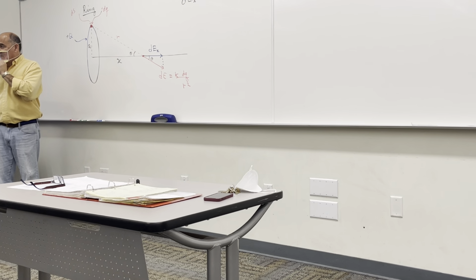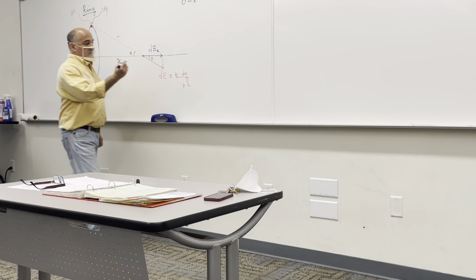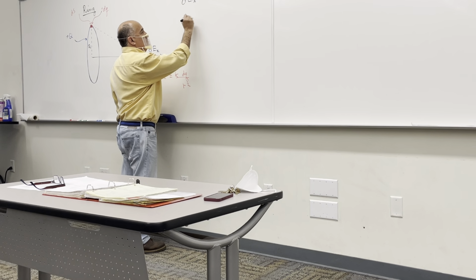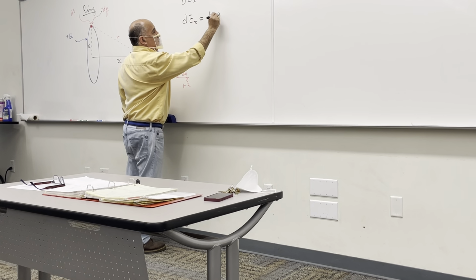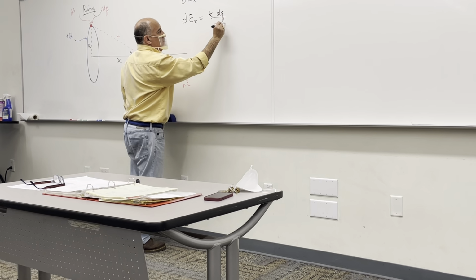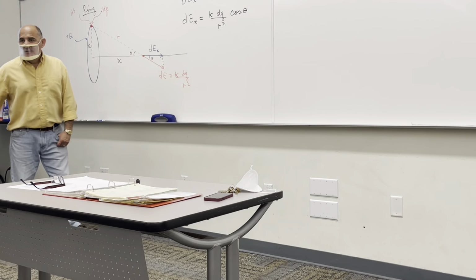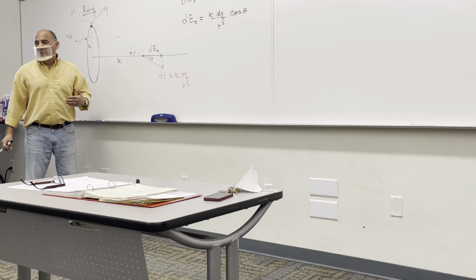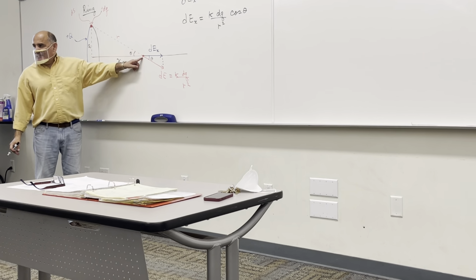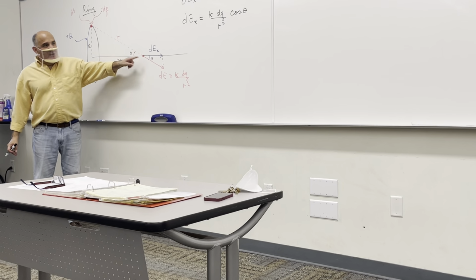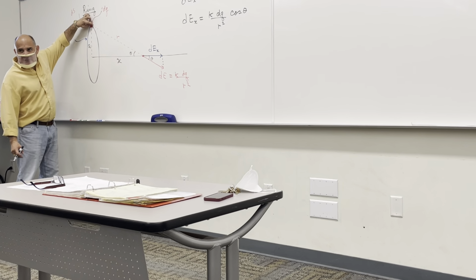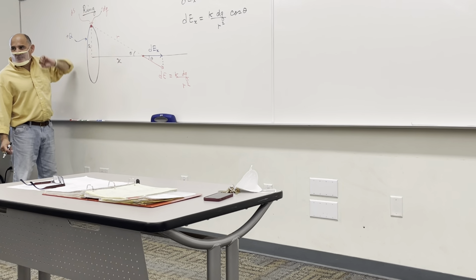Yes? So this becomes that. So that's the x component at this distance x from the center of the ring, produced by this little bit of charge dq over this length ds.